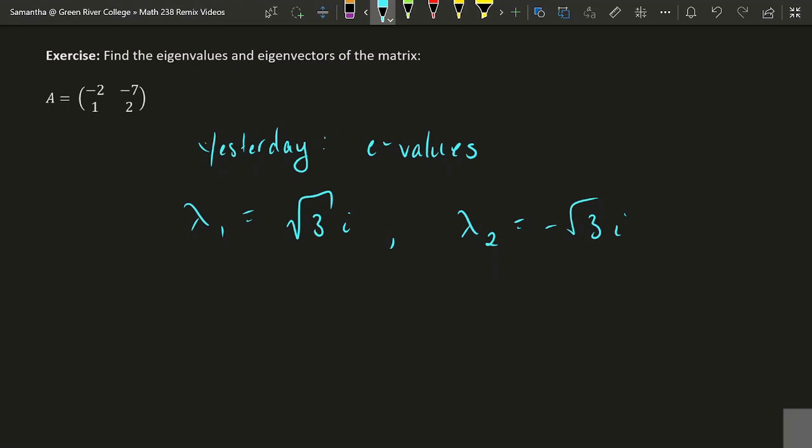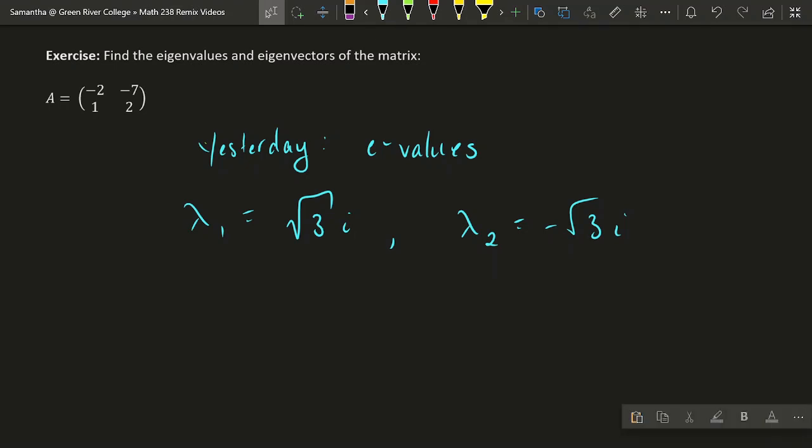So the first thing that is interesting to me is that these eigenvalues are conjugates of one another. They're the same except the imaginary parts have opposite signs. Let's see if there is any similar relationship between the eigenvectors that are associated with these eigenvalues.